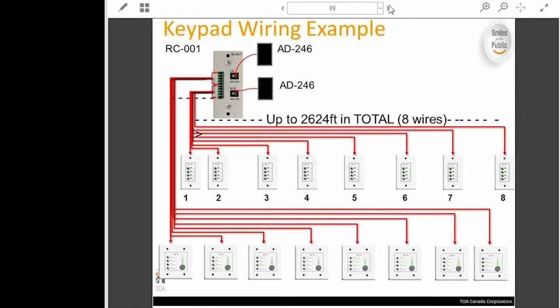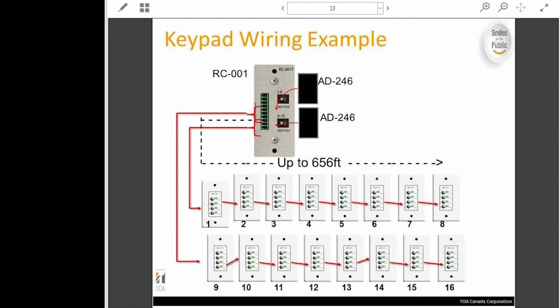Having a look now at the more typical daisy chain version of wiring these, you can do up to 16 total remote control units on a single RC001T. That's as much as the 9000M2 can handle. And as I mentioned earlier, we do require a power supply for each bank of 8 of those control units.